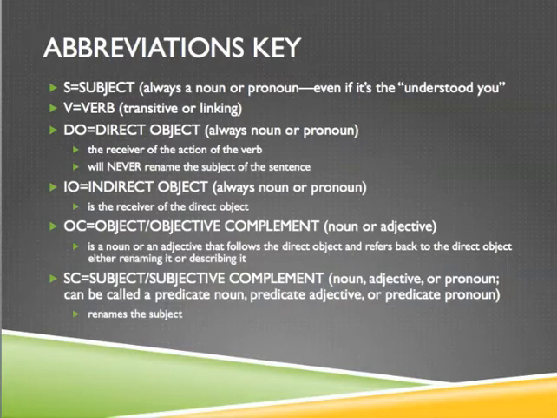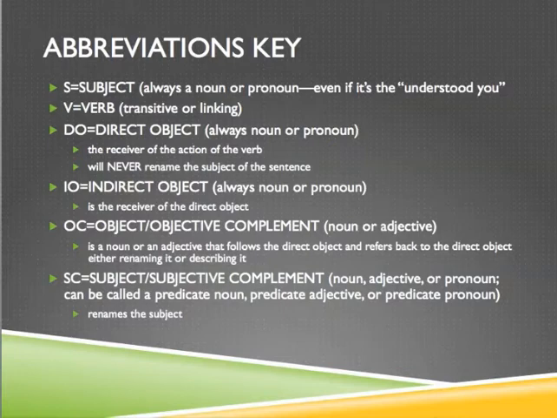The V here stands for verb, and whether that verb is transitive or linking, note in the previous slide if I had a lowercase t after the verb, that stood for a transitive verb. But if I had the linking, I put a capital L in front of the verb. DO stands for direct object. A direct object in a sentence is always a noun or a pronoun.